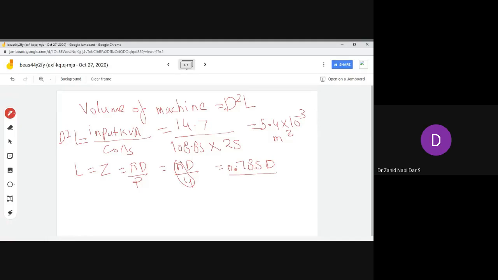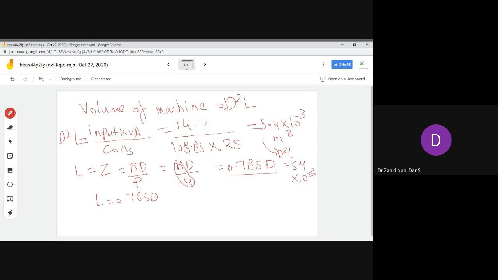Yes. So now you know that our L is equal to 0.785 D. Okay, and our D square L is equal to 5.4 into 10 power minus 3, that you have seen from this part. So you have two things.